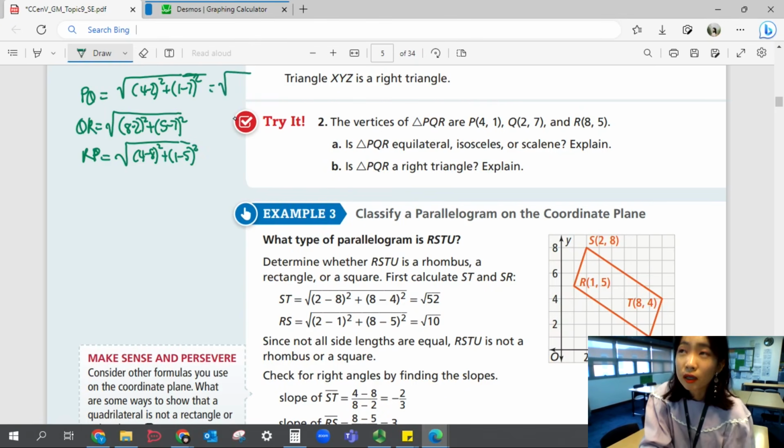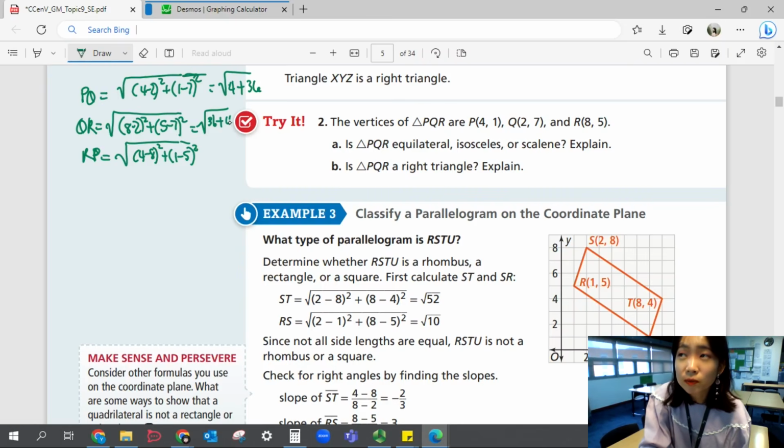Okay, and that's going to be 2 squared, 4, plus negative 6 squared is 36. And this one, that's 8 minus 2, 6. 6 squared is 36, plus 5 minus 7 is negative 2.